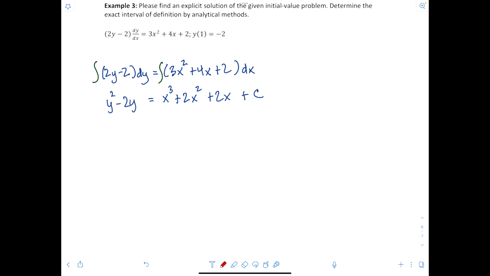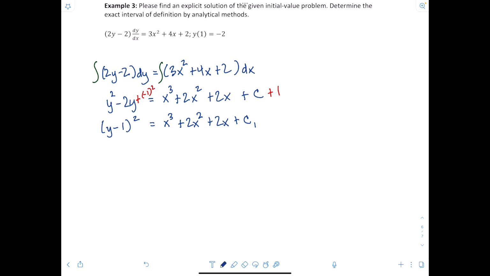So here, if you add negative 1 squared, which is just adding 1, and we'll be doing that to both sides, then you'll end up with the quantity y minus 1 squared on the left, right, is going to equal x cubed plus 2x squared plus 2x, and call this one constant 1, because a constant plus 1 is another constant.